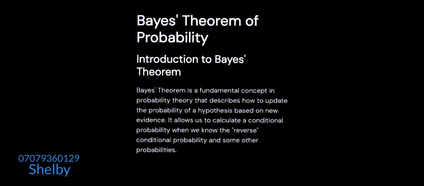What that means is, for example, we want to find the probability of an event given that another event has already occurred, or the probability of event A happening given that event B has already occurred. So we use Bayes' theorem to find these conditional probabilities.